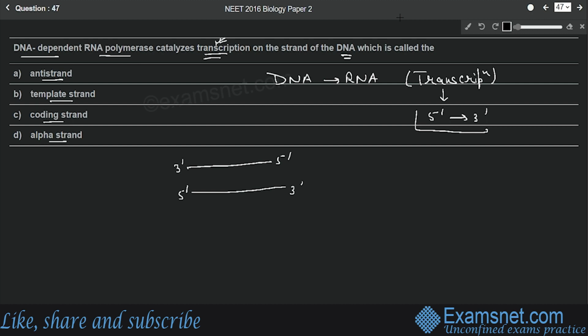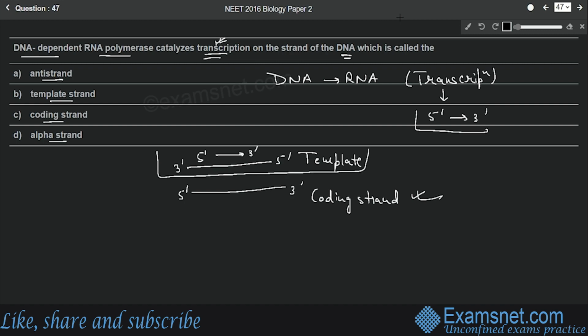That means the above strand will be used, and this above strand is known as template strand, and the other one is known as coding strand. The newly synthesized RNA will be similar to this coding strand. So here the strand that is used for RNA formation is the above one, that is template strand. So the correct answer will be option number B.